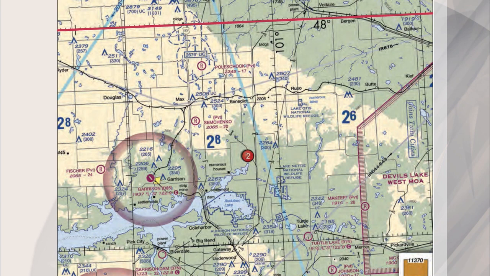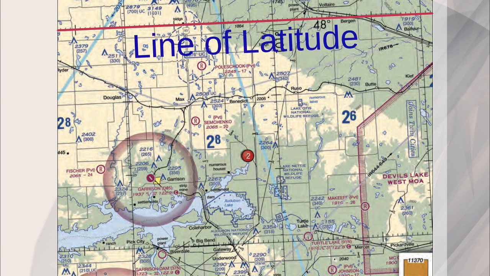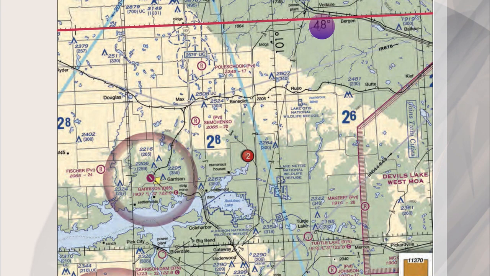So that is a degree line. And if you notice, next to the 48, it has a little tiny circle, and that little tiny circle is your degree signature there to tell you it is a degree. Now that is a line of latitude. 48 degrees.